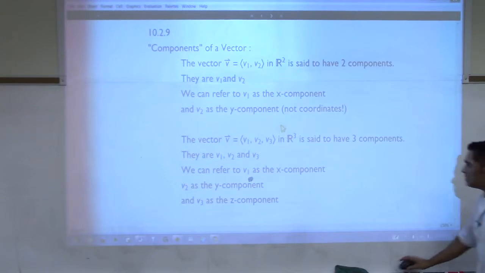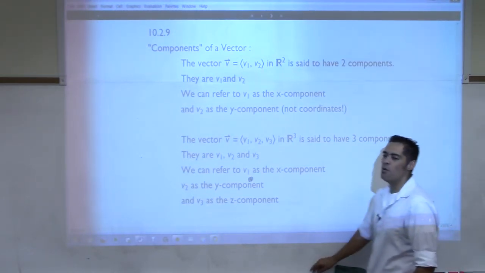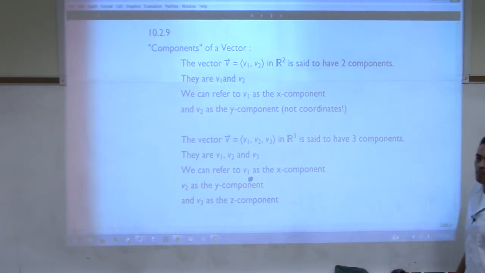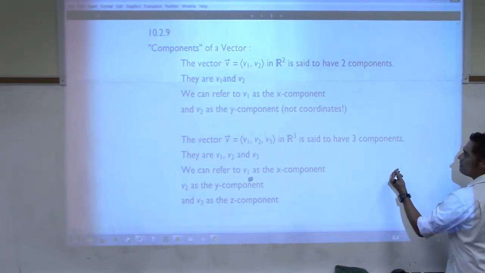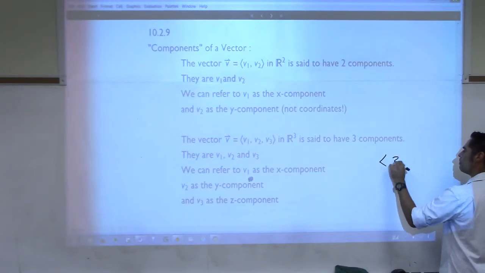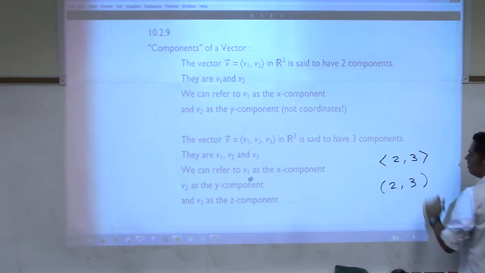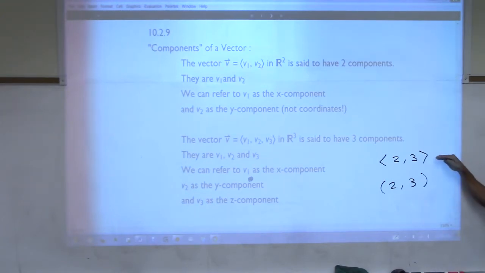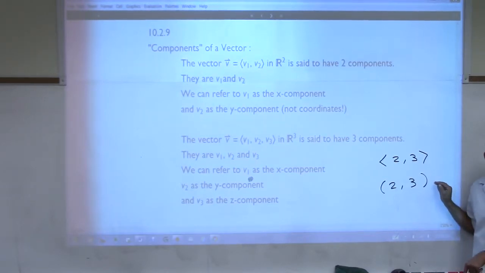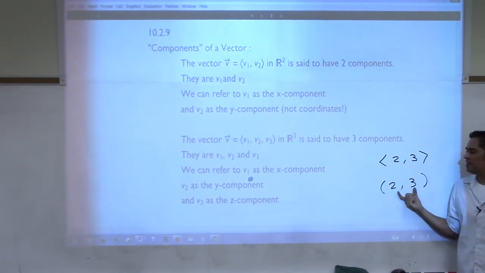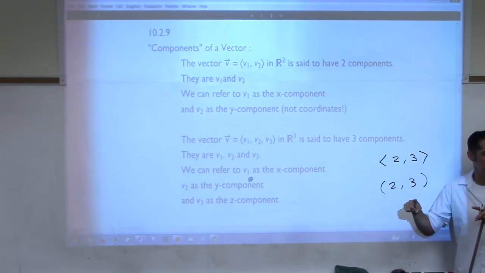All right, more language here. What do we call the components of a vector? Components. Let me put a vector up here, and then let me put this here. This is a vector. This is a point. Although there's some trouble in our notation, you could argue that I'm saying this is the open interval from 2 to 3 on the number line.